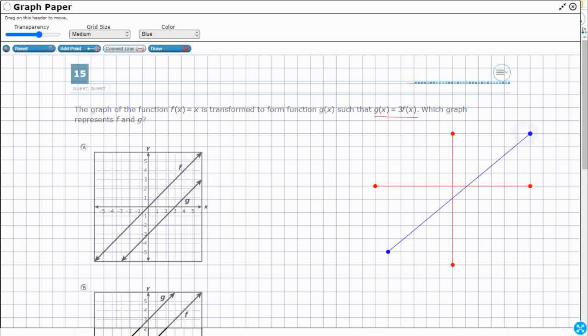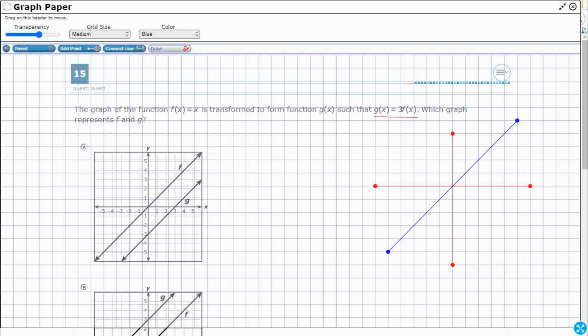All right, there we go. That's our line f. Let's label it: f of x equals x. It's just a slope of 1, m equals 1. Very vanilla.